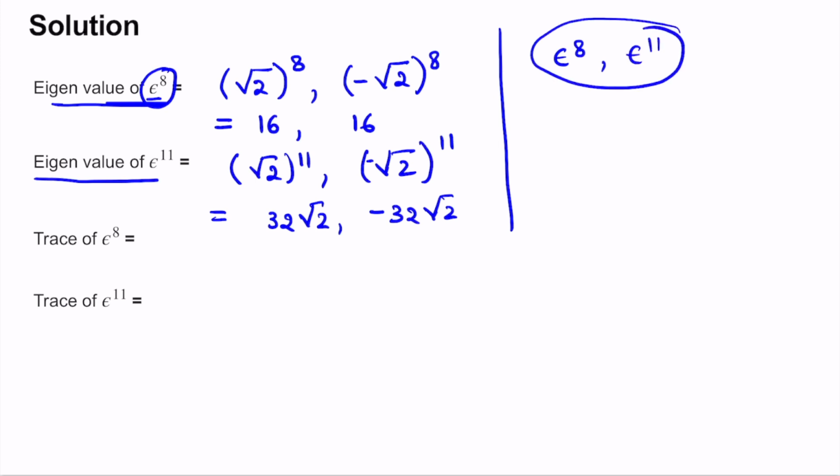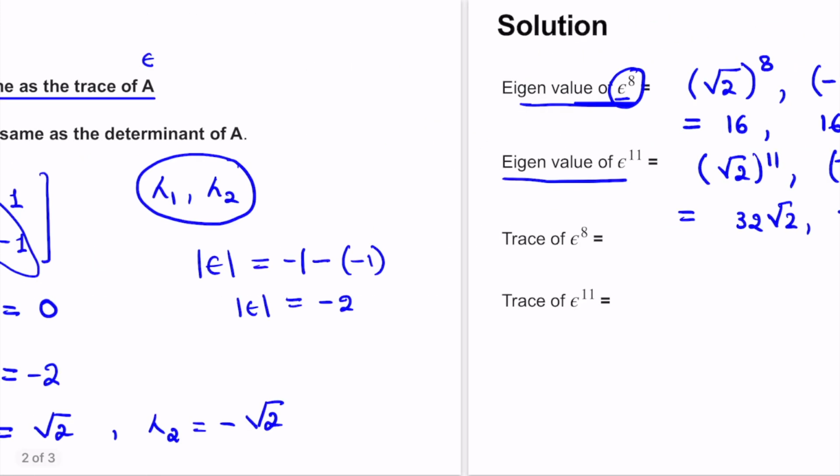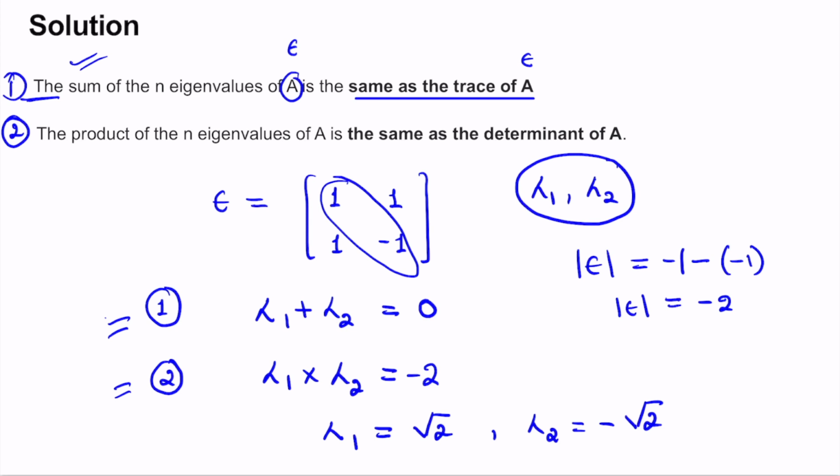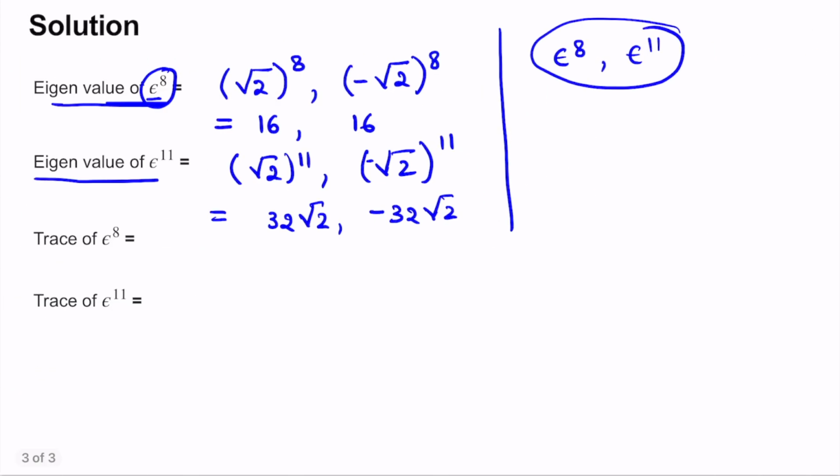The trace of epsilon to the power 8 will be, from the first point, the sum of the eigenvalues. So trace of epsilon to the power 8 will be 16 plus 16, that is 32. Similarly, trace of epsilon to the power 11 will be 32 root 2 plus minus 32 root 2, and it will be equal to 0.